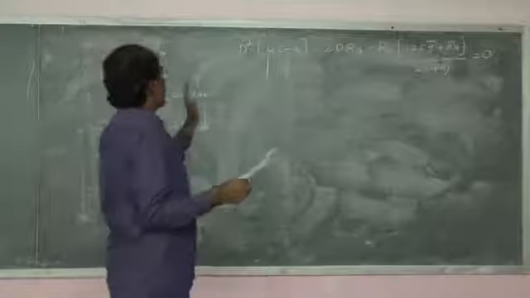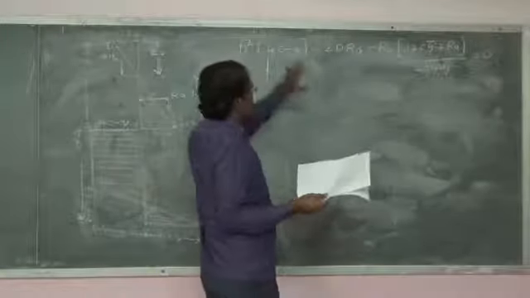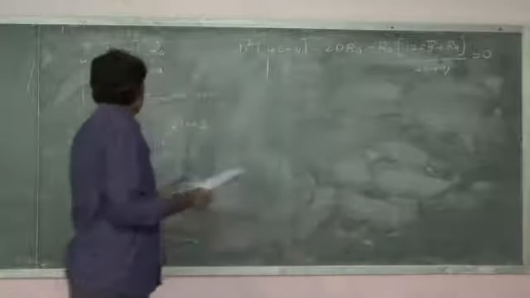This is the equation. From this you will get D. Only D is unknown and all other things are known to you.